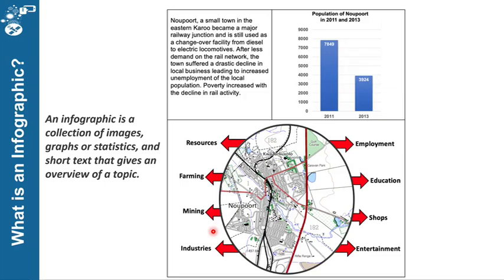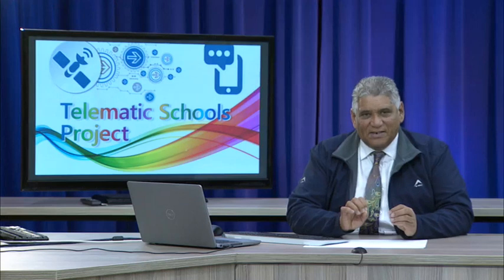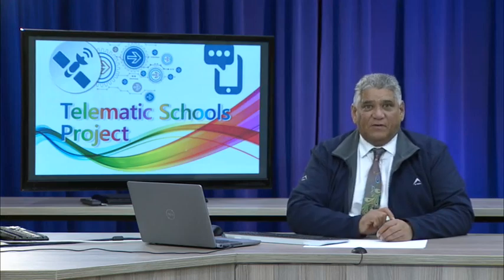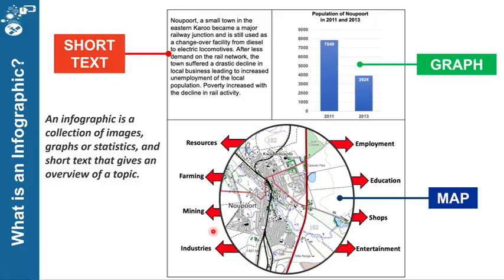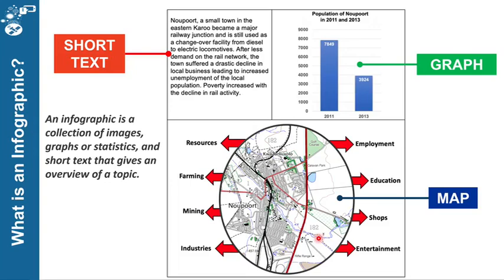Here we've got a short text, here we've got the graph, and here we've got the map. So these are different sources giving you information on the same thing. That's an infographic. In this one, as I said, we use the text, a graph, and a topographic map to give you information on the same topic, which is, in this case, rural-urban migration. Okay, let's have a look at this.